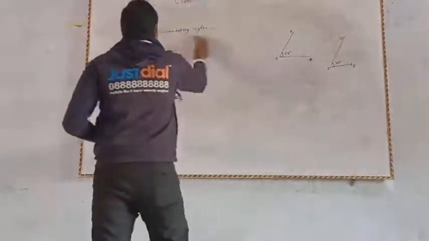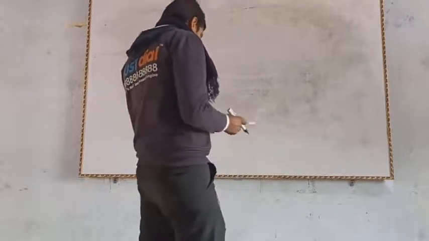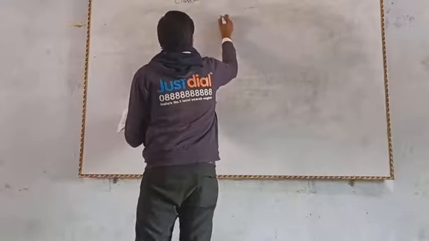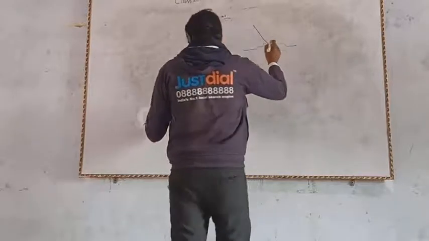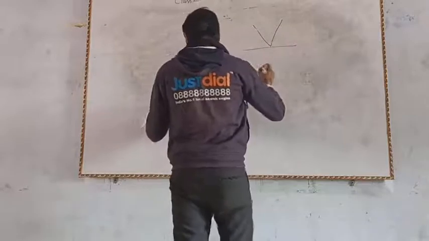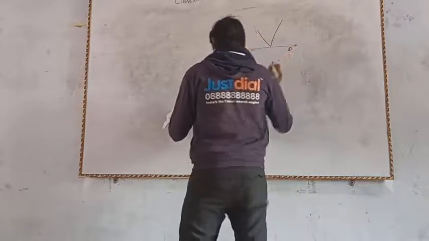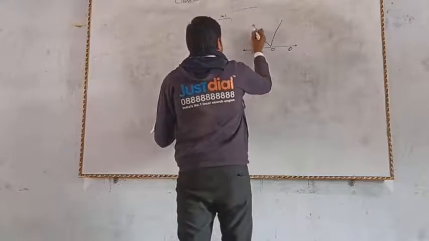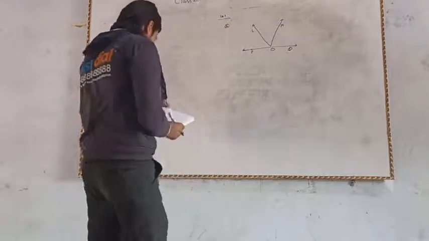Now again we discuss our exercise 10.1. Here the figure has points P and Q on the sides, O, L and M. In this figure, name the adjacent angles.